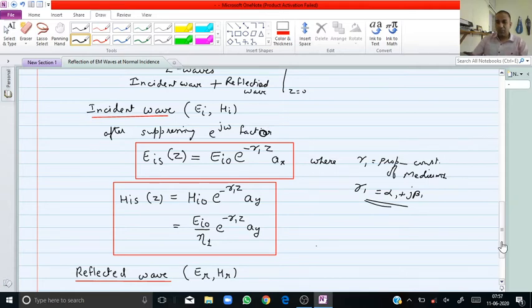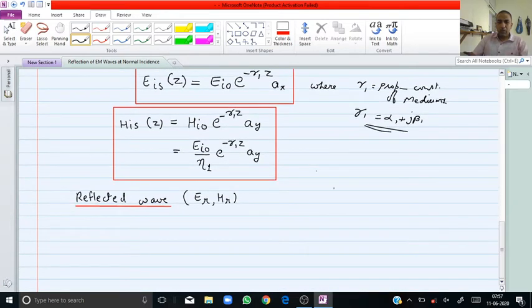So ERS, the phasor part of reflected E, is a function of Z, with a direction in minus Z direction.